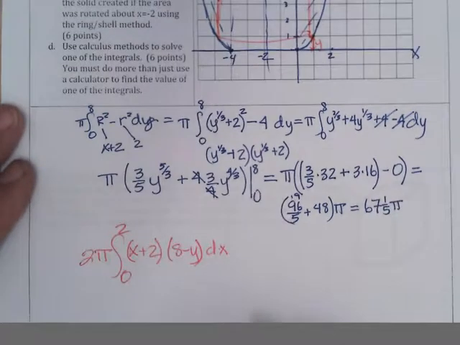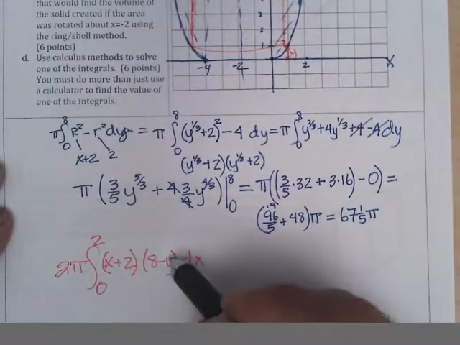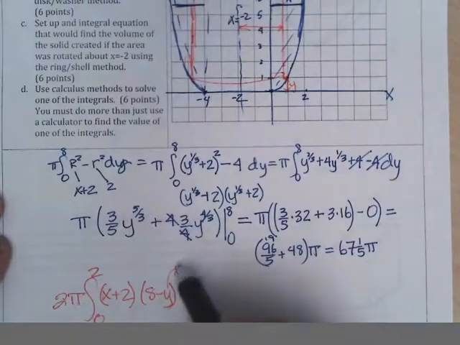Okay. Oop, missed it there. 2 pi r times the height times the thickness of it, dx. So only thing I need to replace is the y, and y is x cubed.